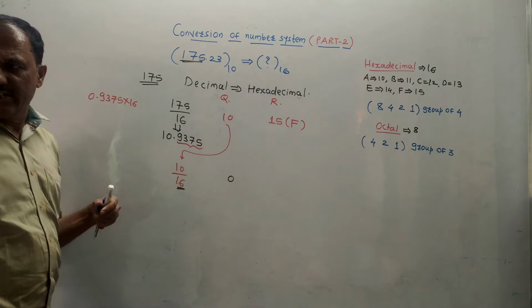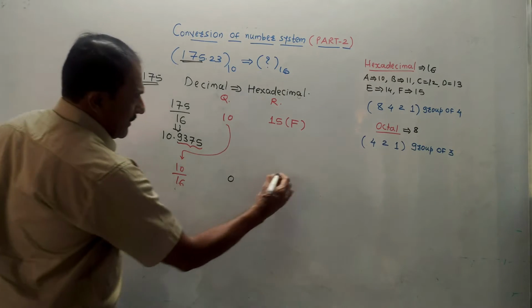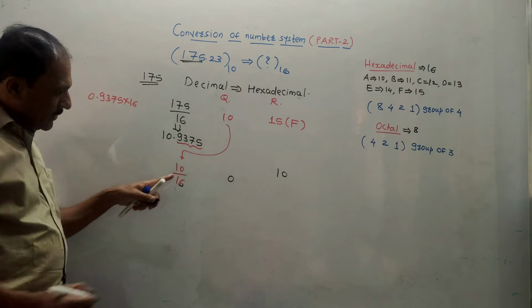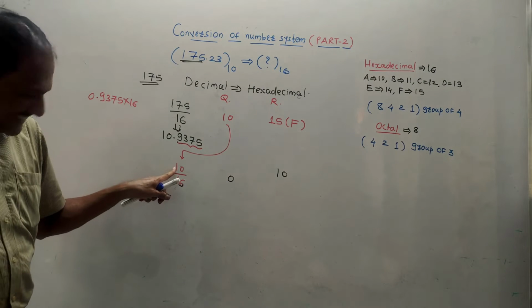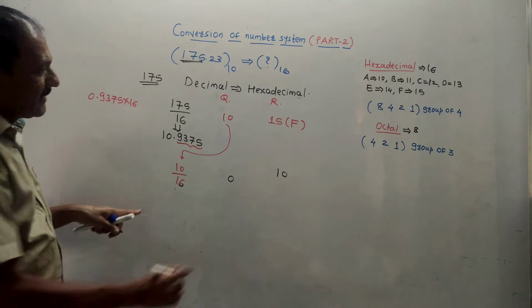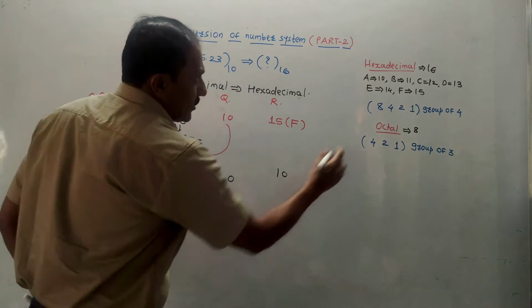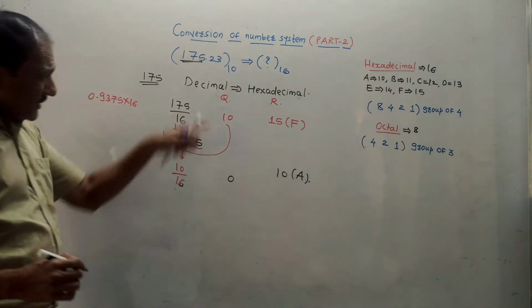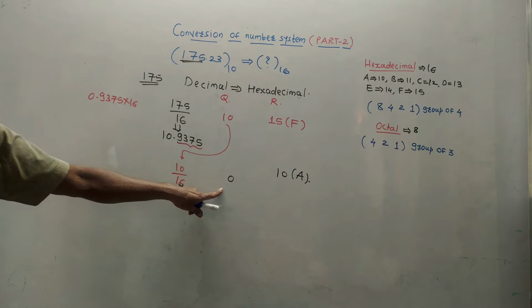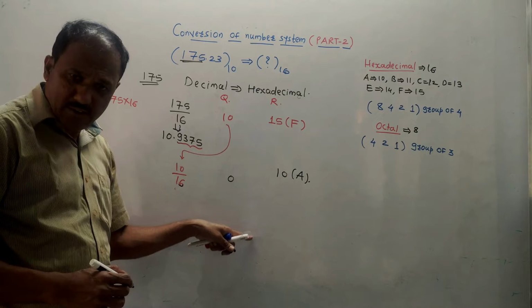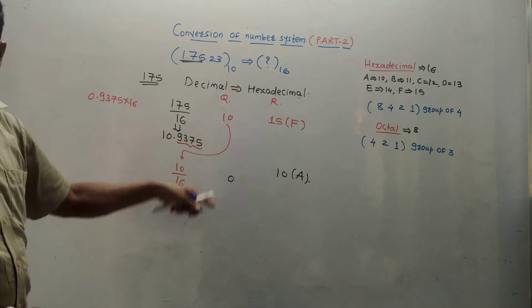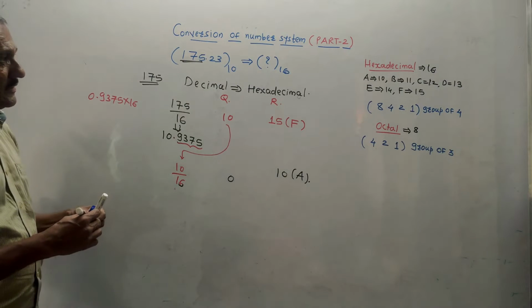The remainder is naturally 10 because you are not performing a complete division. So quotient is 0, remainder is 10. The number 10 is not allowed, so the equivalent letter for 10 is A. So that's it, you got the 0 quotient. If in case you are not getting a 0 remainder, go on doing the calculation till 4 to 5 steps. That is more than sufficient.